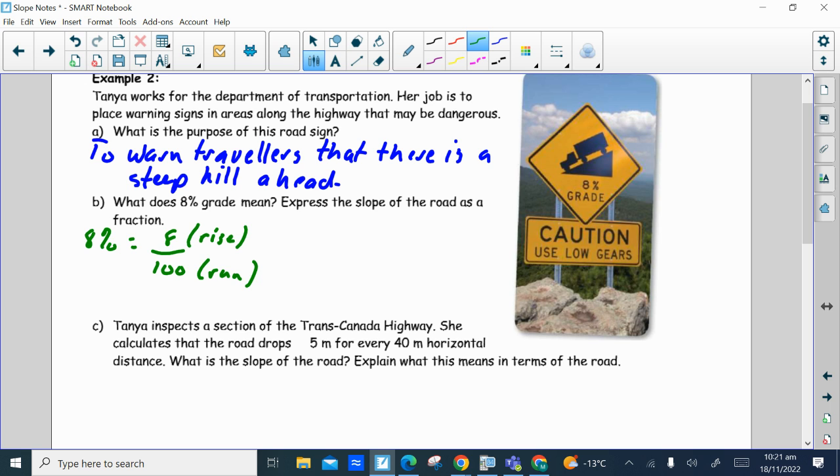It means that for every 100 meters traveling forward, the road is going to drop 8 meters. That's what it means. Remember, a percent means a number out of 100, so 8% is 8 out of 100.